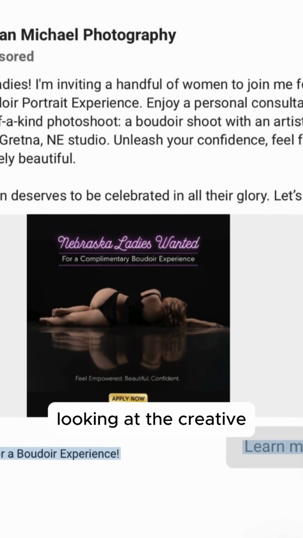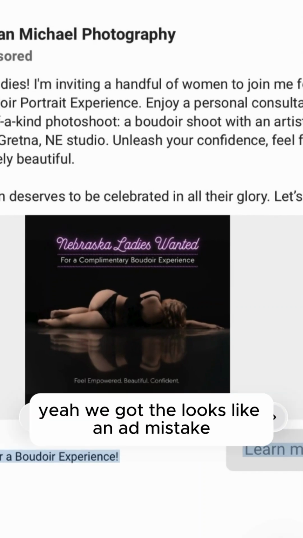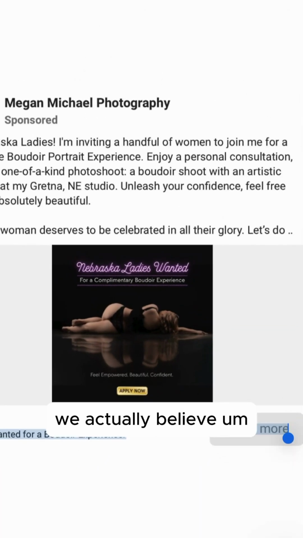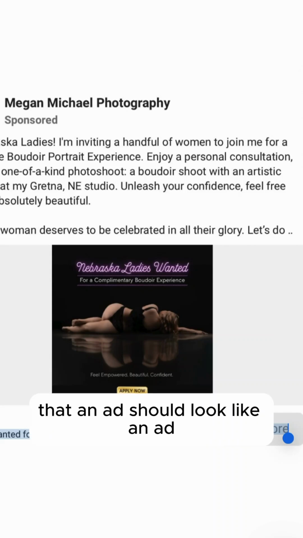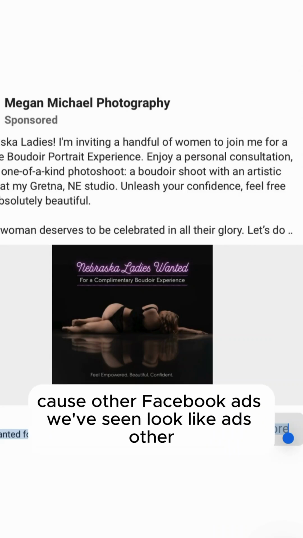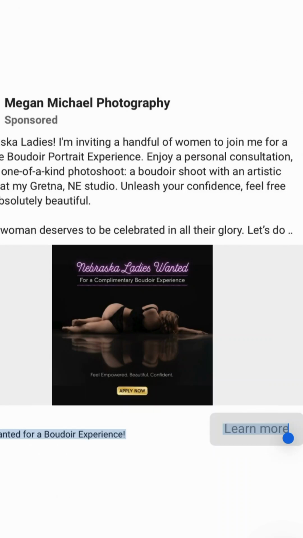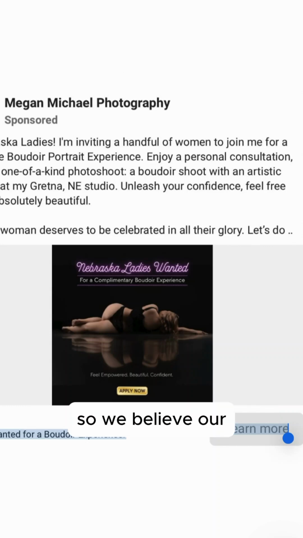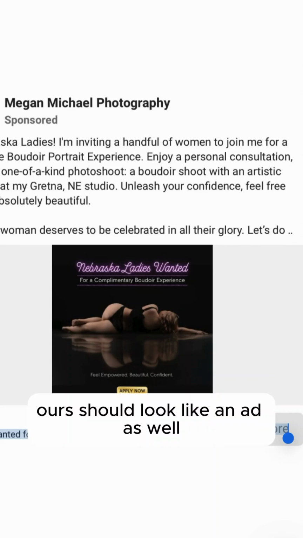Finally, looking at the creative, yeah, we got the looks like an ad mistake. The false belief that causes us to make this mistake is we actually believe that an ad should look like an ad because other Facebook ads we've seen look like ads. Other boudoir Facebook ads, other ads on Facebook, and so we believe ours should look like an ad as well.